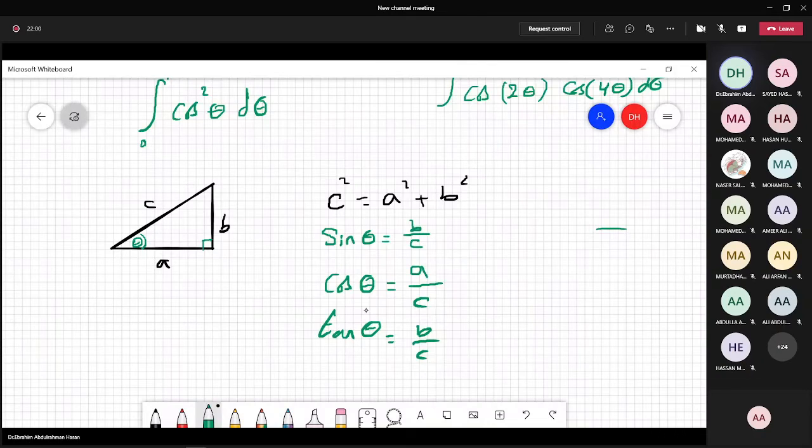It is C over B. And the opposite of cosine is C over A, and the opposite of tan is A over B.